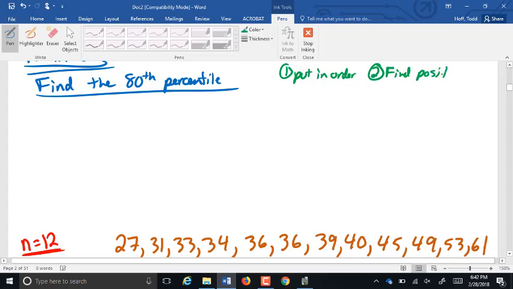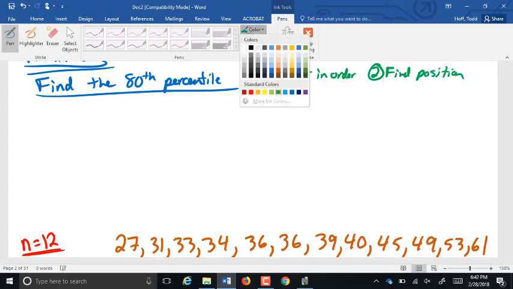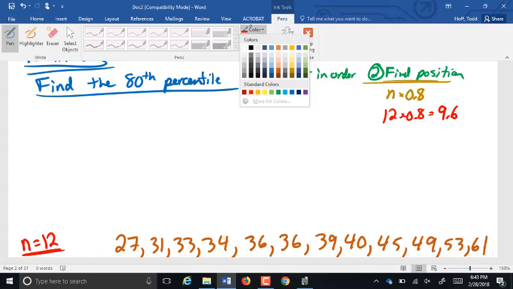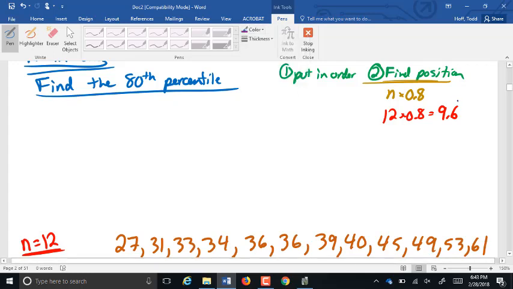Two, find the position. To find the position, we take n times the percentile. 80th percentile as a decimal is 0.8. So here, n of 12 times 0.8 is 9.6. Now, just like with the median, if that comes out to a decimal, we do what with it?